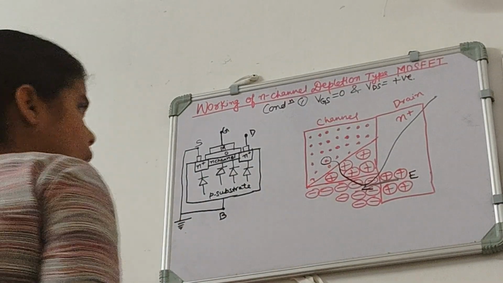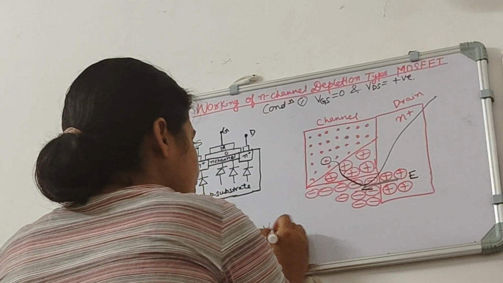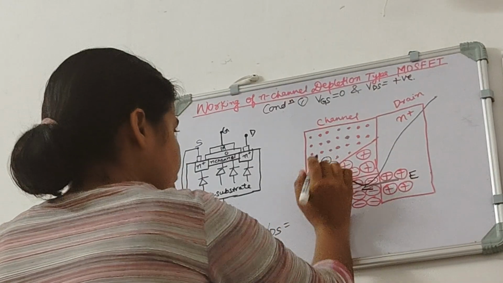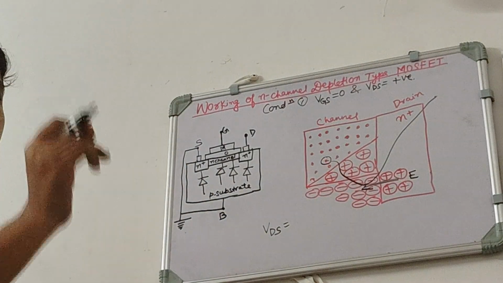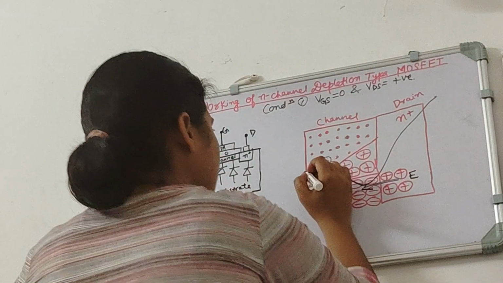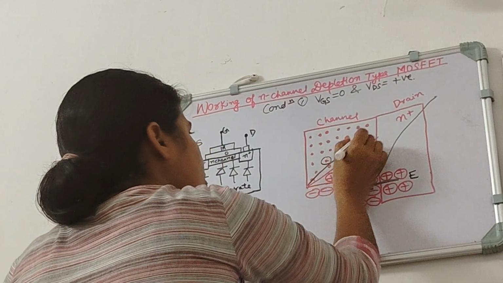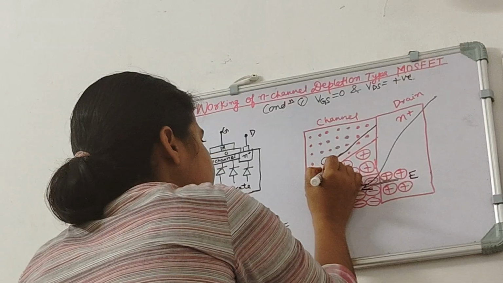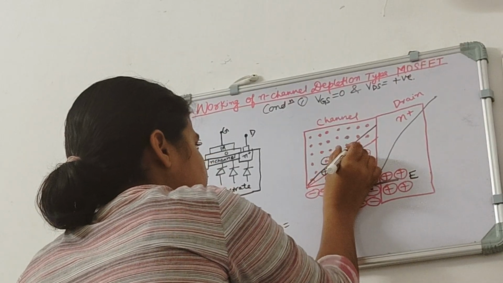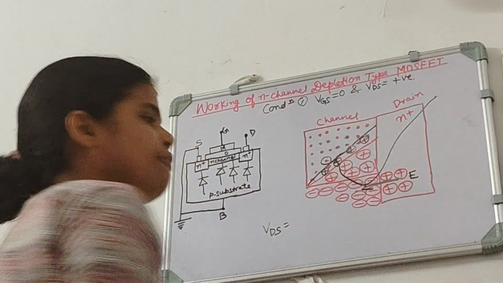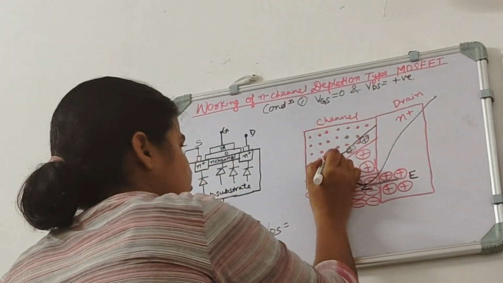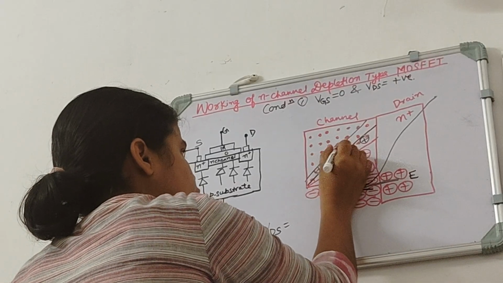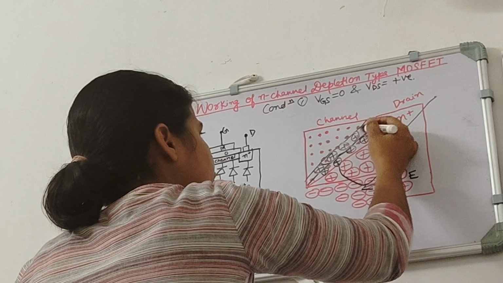So when we increase VDS, the number of electrons moving out of the drain increases, and that's why our positive ions increase here in the channel. Positive ion, positive ion, positive ion. And again if we increase VDS, our number of positive ions will increase because more electrons will move out of the drain.